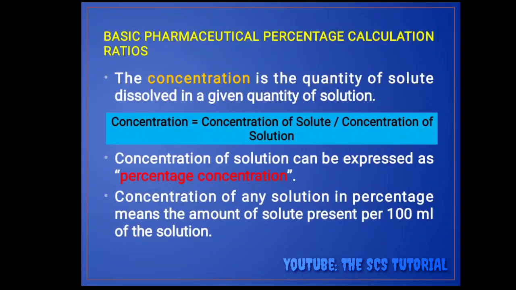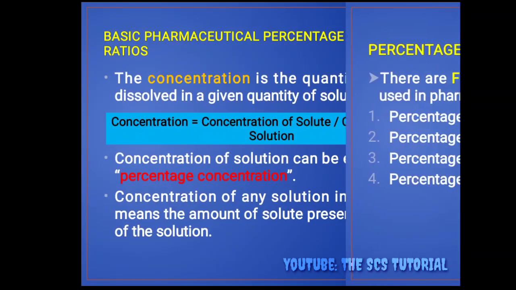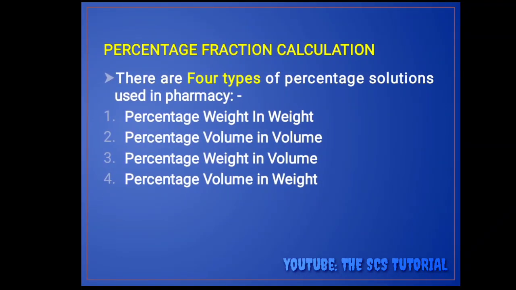Initially, going to the concentration term, the concentration is the quantity of solute which is dissolved in a given quantity of the solution, and it is expressed as the concentration of solute per concentration of the solution. The concentration of a solution can be expressed as percentage concentration, which means the amount of solute present per 100 ml of the solution.